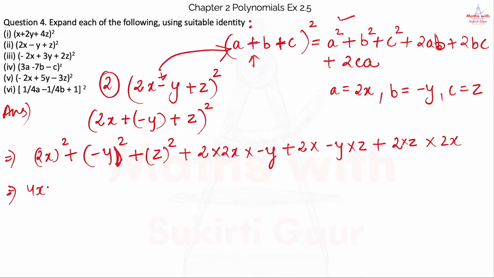Solve it. 4x square, minus y square will be plus y square, plus z square.